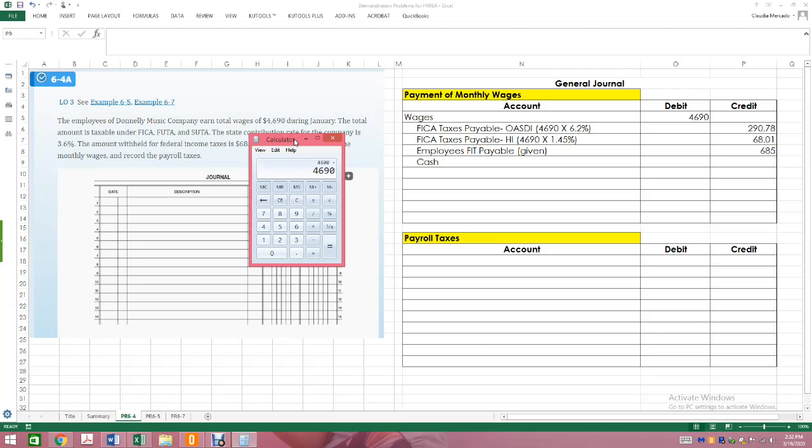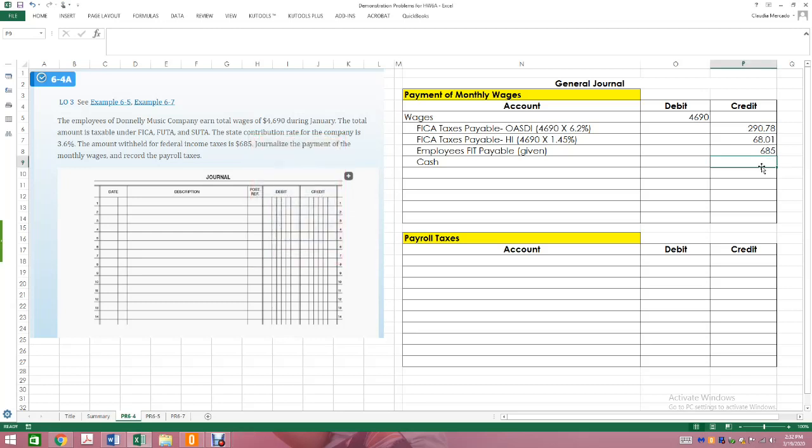I'm going to subtract the $290.78 that I'm going to take out for OASDI. I'm going to subtract the $68.01 for HI, and I'm going to subtract the $685 for federal income tax. So the amount that I'm going to pay in actual cash or in check to my employees is $3,646.21.